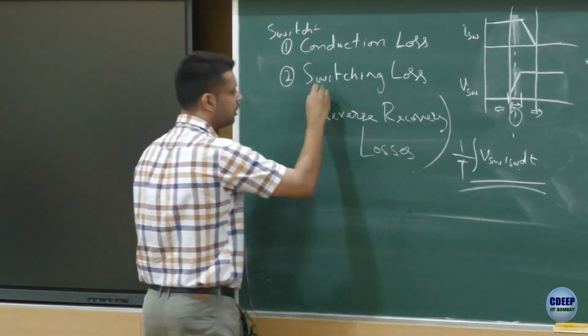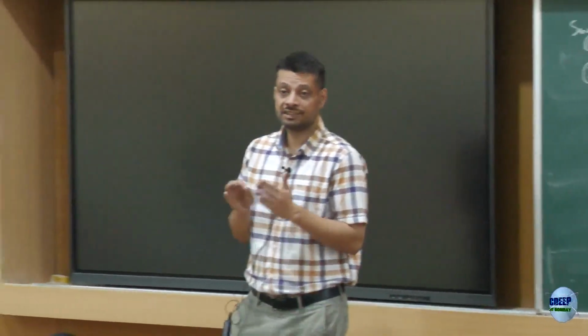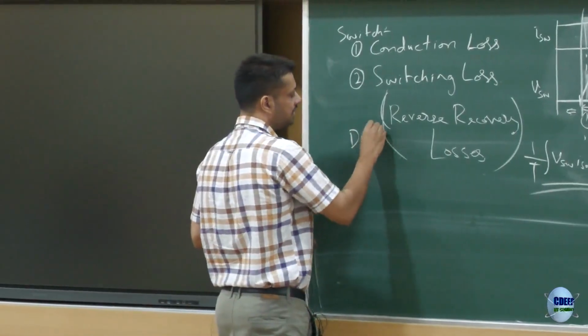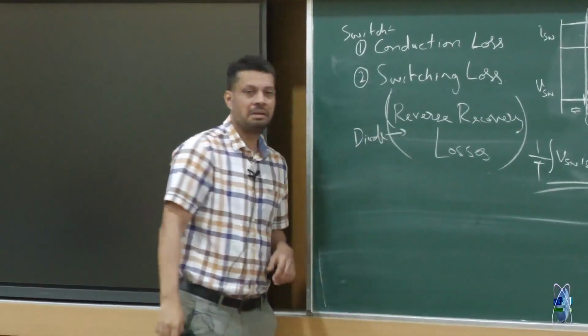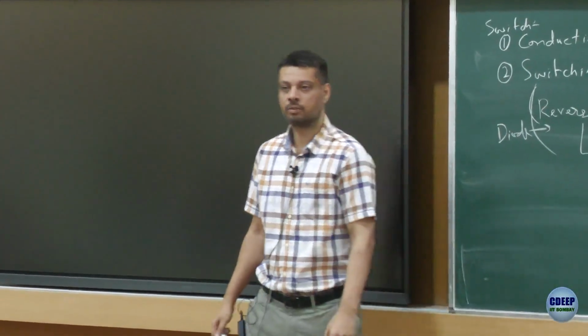But that is in a way nothing but the loss happening during the switching period, because during the switching period you will have a large current as well as large voltage overlapping. But in a diode we call it a reverse recovery loss. It is a different name, a slightly different phenomenon, not for today, but this gives you a broad idea about what is happening in terms of losses in a switch.